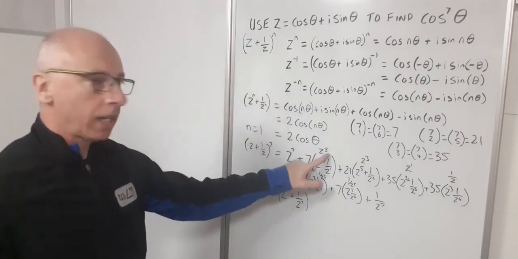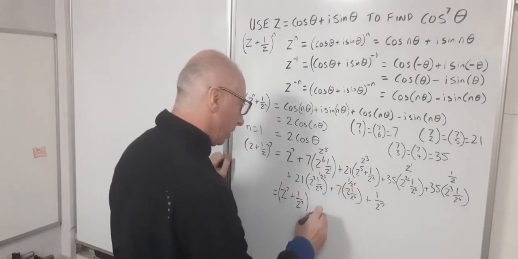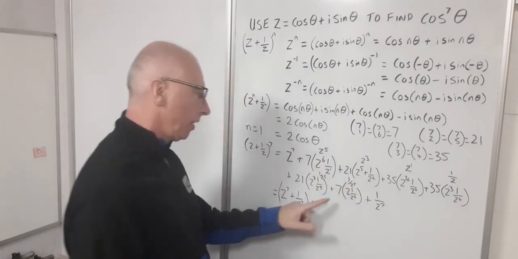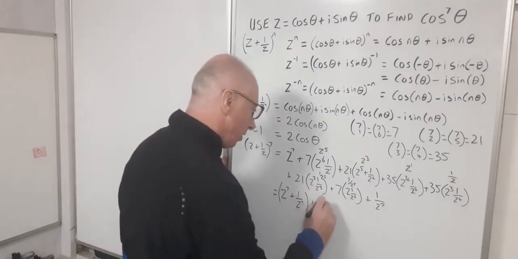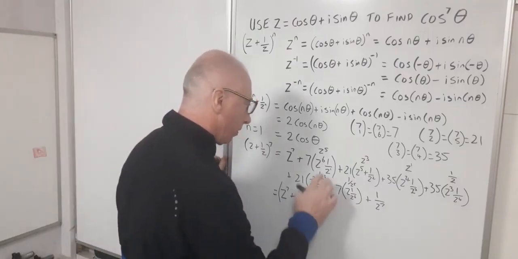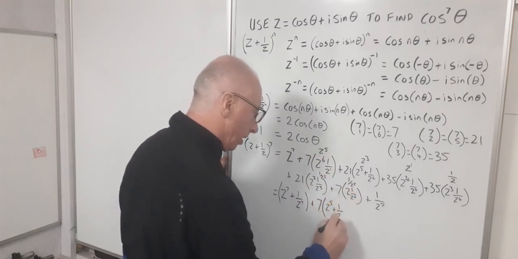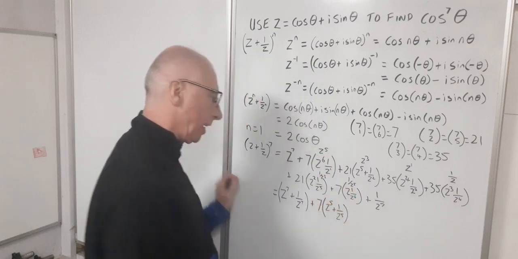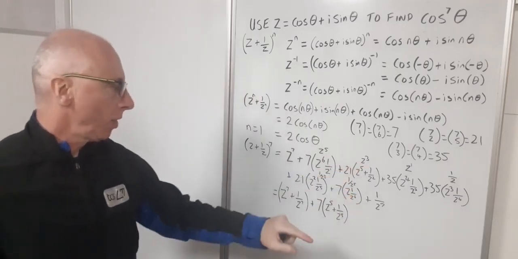Now I want my z to the 5. So z to the 5 and 1 over z to the 5. And the coefficient for these is both 7. So if I write 7 times z to the 5, because that's what that is, and that one is 1 over z to the 5, that's also valid from what I've got here. Now my z cubed, let's put that in there.